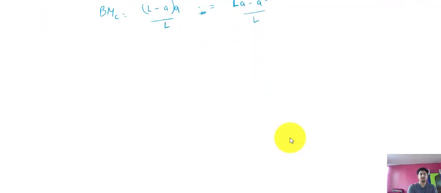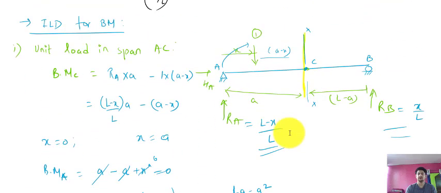Now consider the second condition, that the unit load is in span CB. When the unit load is in span CB, you can see that this unit load is now here, and the bending moment equation will change. The bending moment equation will only have the RA reaction, and this unit load will not take part in that.